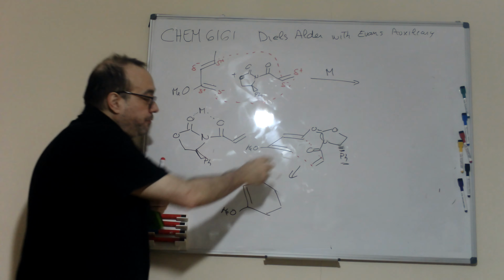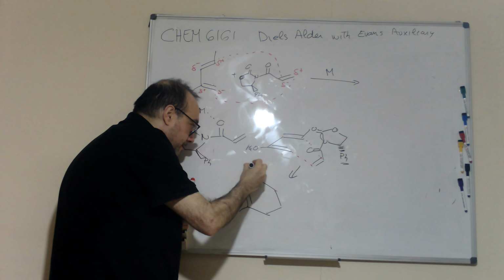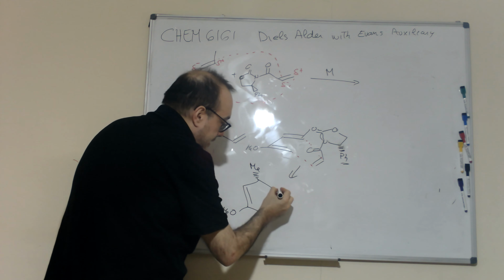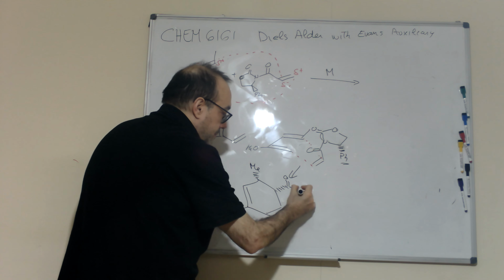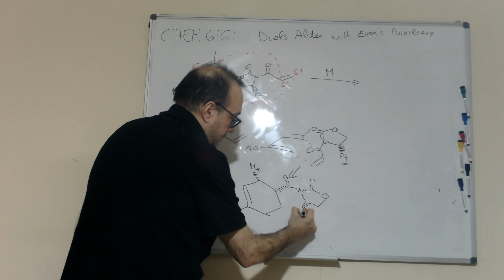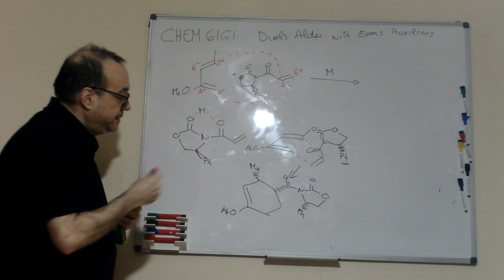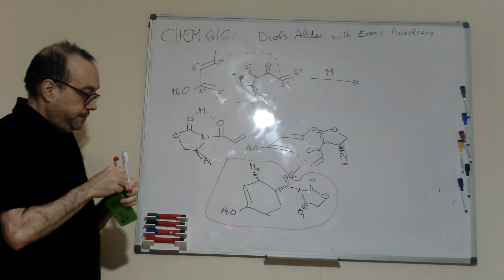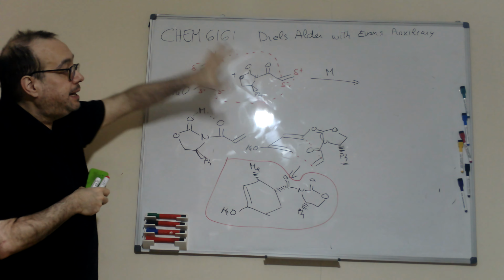If we are forming this bond, this methyl will go down, and if we are forming this bond, the oxazolidinone will go down. And this will be the final configuration of the product. This is how the Diels-Alder with the Evans auxiliary works.